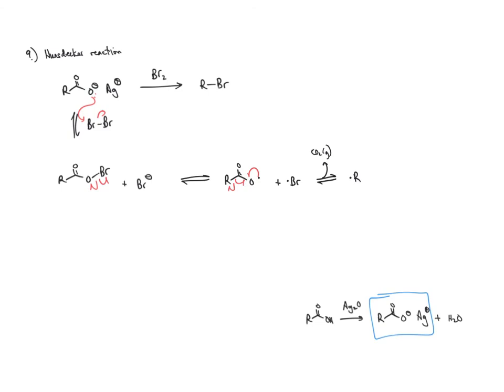Okay, at this stage, the R group is then going to react with another molecule of your brominated carboxylate.